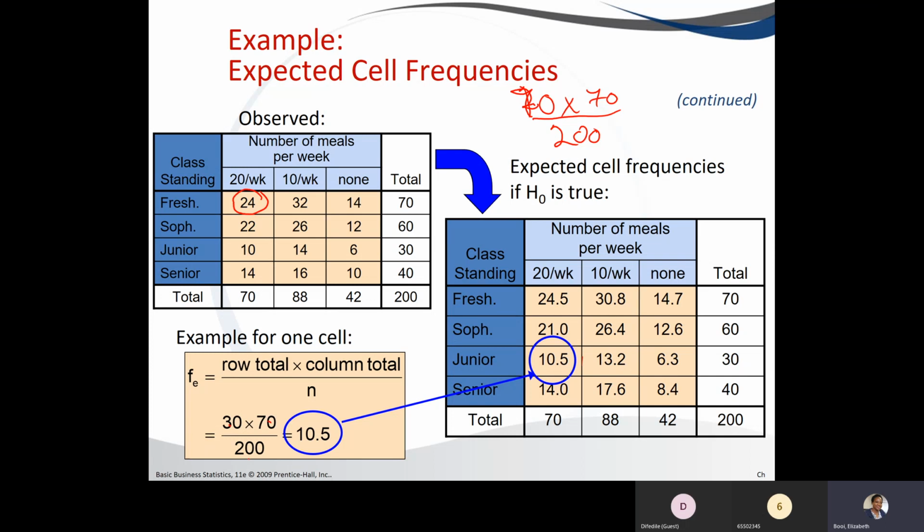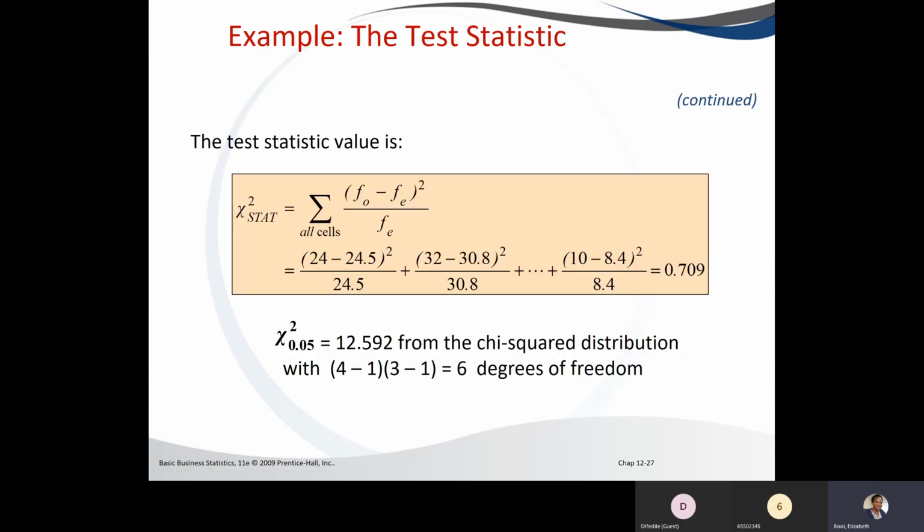Once you have the expected values, you can substitute them into the statistic formula. So you take your observed minus your expected, squared, divided by your expected, plus observed minus expected, squared, divided by expected, and you do that for all of them.